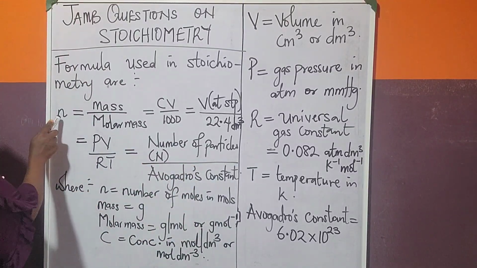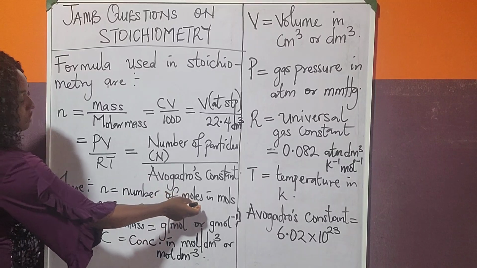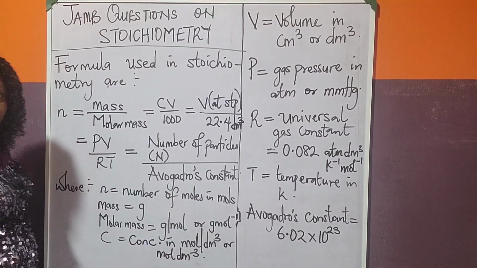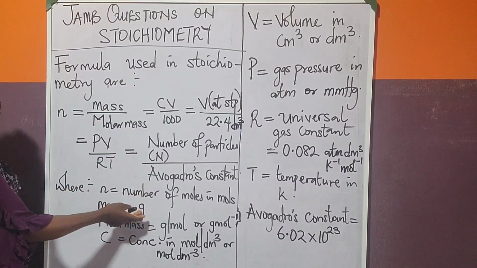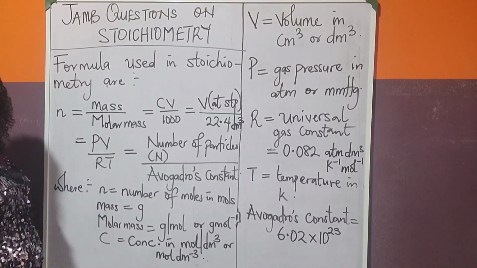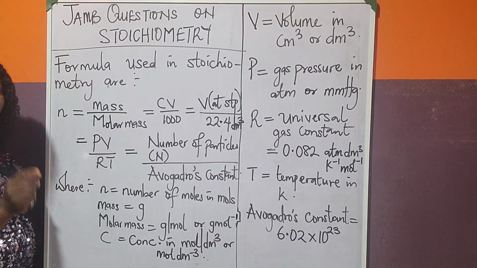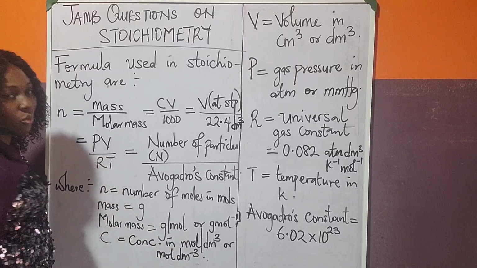So, n is simply the number of moles, and the unit of number of moles is moles. Then mass is measured in gram. Sometimes you can see kilogram. Then we have molar mass. The unit of molar mass is gram per mole.